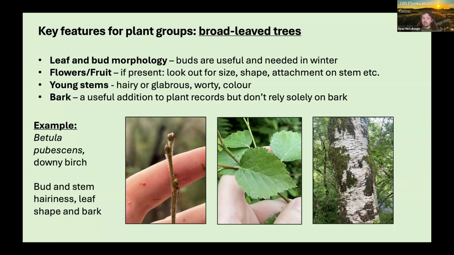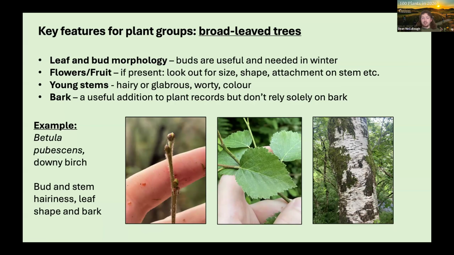Young stems can be useful because they can be hairy or glabrous. Glabrous just means not hairy. They could be warty in texture, or they could be a different color. And then bark. Bark's a useful addition to add into records, but I wouldn't be using it as a diagnostic feature in and of itself. It just helps. It wouldn't be the only thing that you would include in a record usually.